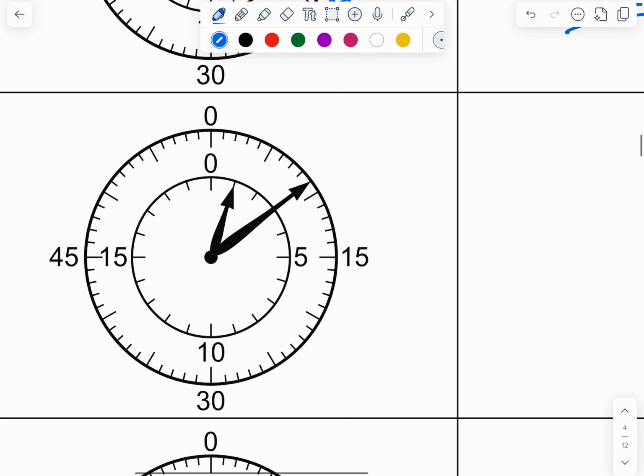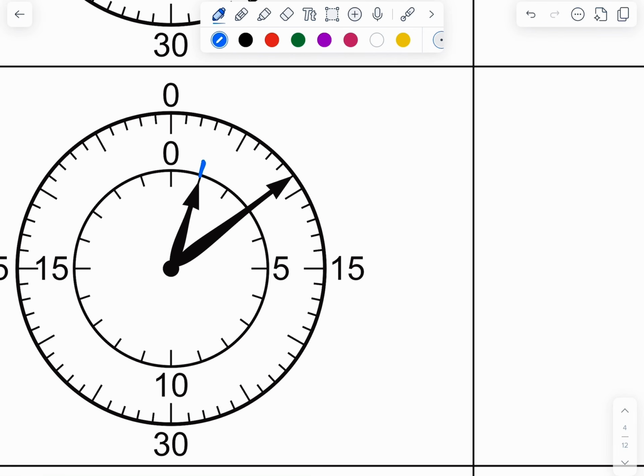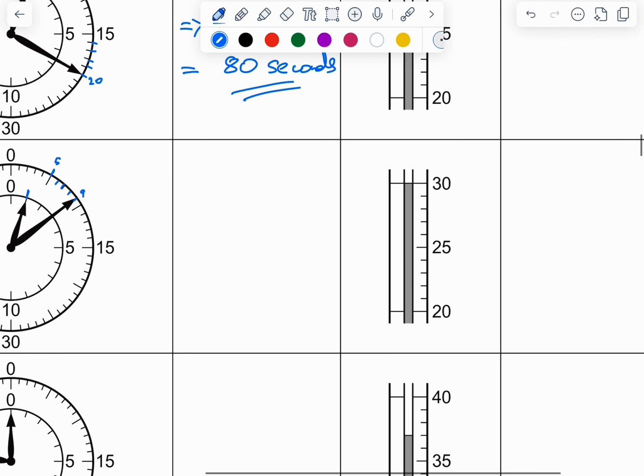In the third experiment, the time taken is 1 minute and 5 seconds. 6, 7, 8, 9. This should be 9 seconds. All right, so it is 1 minute and 9 seconds. This should be equal to 60 plus 9, which is equal to 69 seconds.